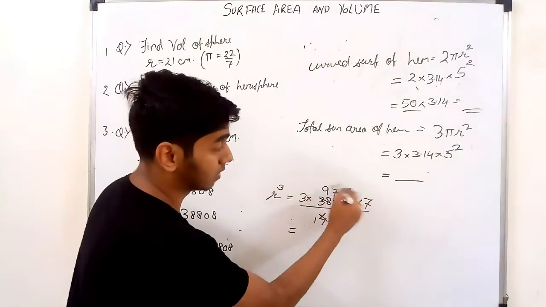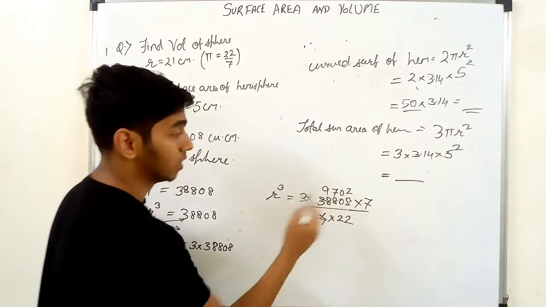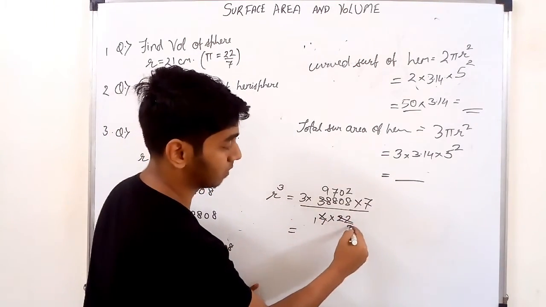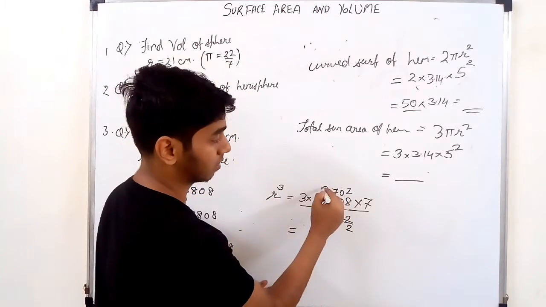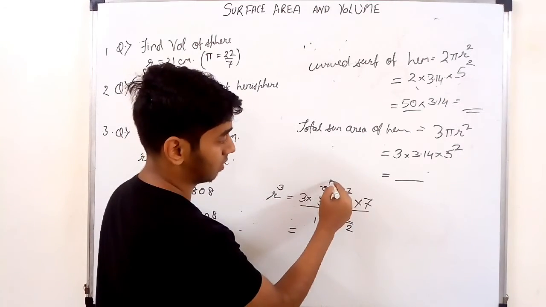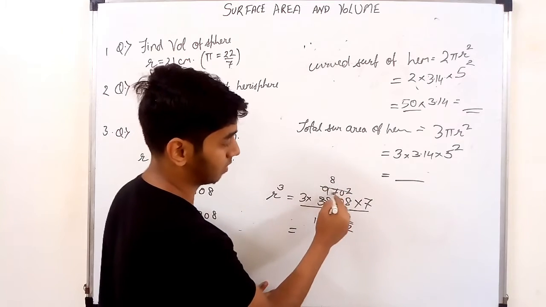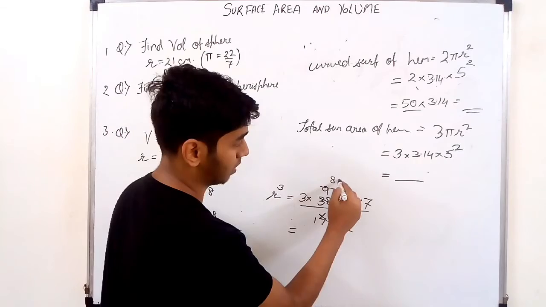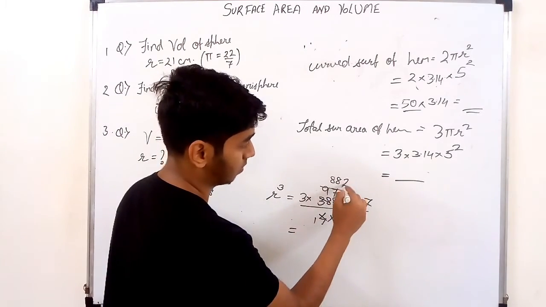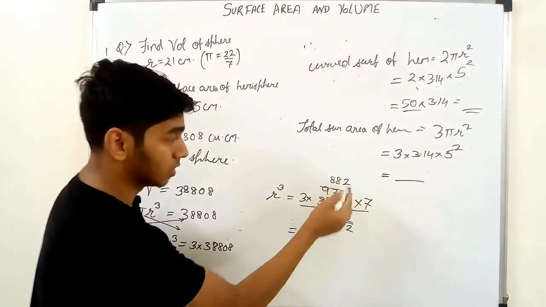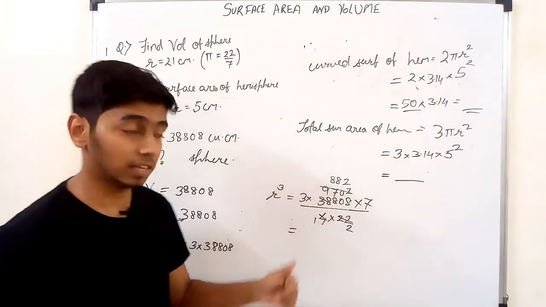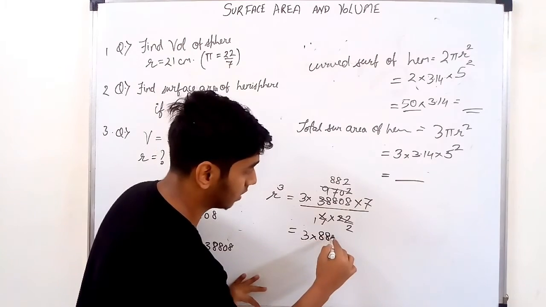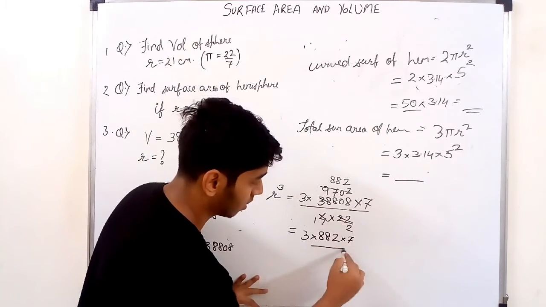Now you can divide this number with 22, or divide this with 11. You get 2, and here we get 88 8 times, then 88 again. I have done it directly. So you get 3 into 882 into 7 upon 2.